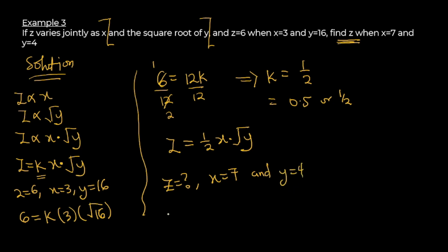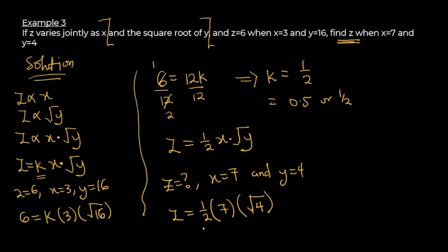So let's do the substitution. So we have z is equal to half multiplied by the value of our x, which is 7, and then the value of our y under the root is equal to 4. The root of 4 will give me 2. 2 multiplied by 7 will give me 14, and half of that is 7.